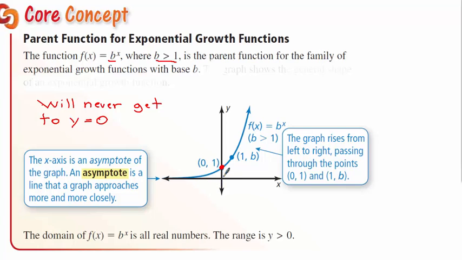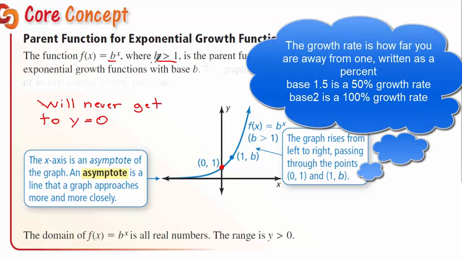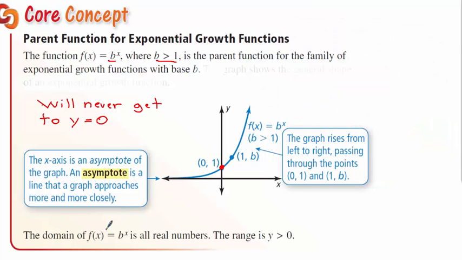The 2 points that I definitely want to see on my graph are (0, 1) and (1, b), whatever b is. b is the base. It's the number that I take to the power x. And in all of these cases, for exponential growth, b has to be greater than 1, or it wouldn't be growth. The domain of these is all real numbers, but the range is everything above 0, not including 0.